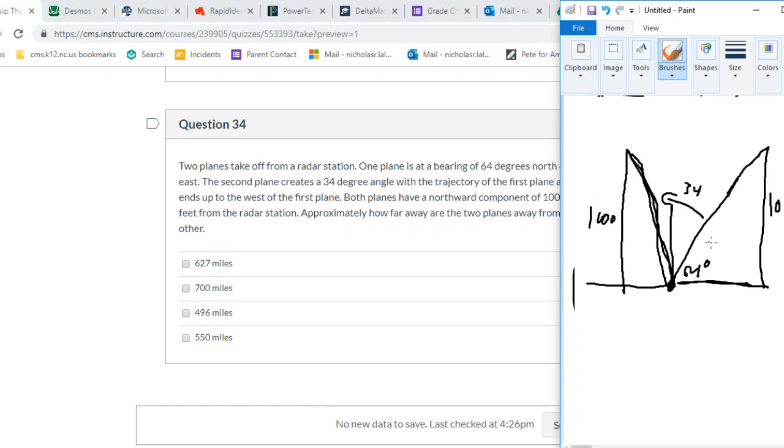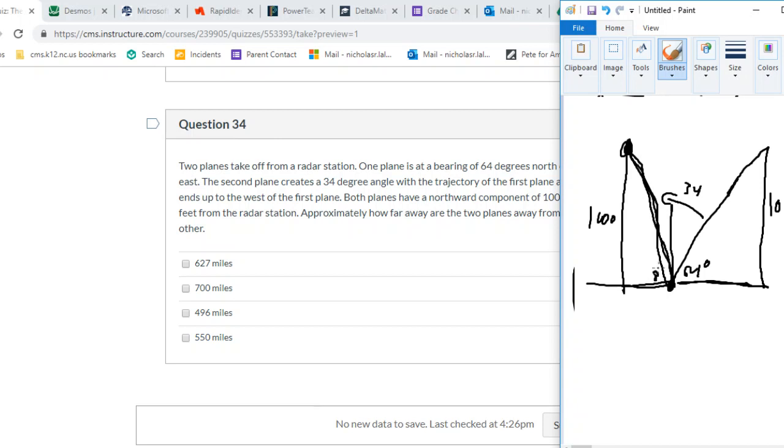Now 64 plus 34 is 98, which means this reference angle is 8 degrees right here. So if you are 8 degrees in quadrant 2, your reference angle is going to be 92 degrees, or sorry, 82 degrees.